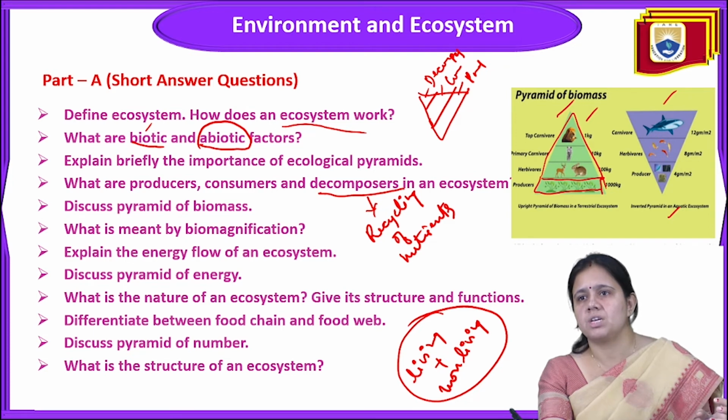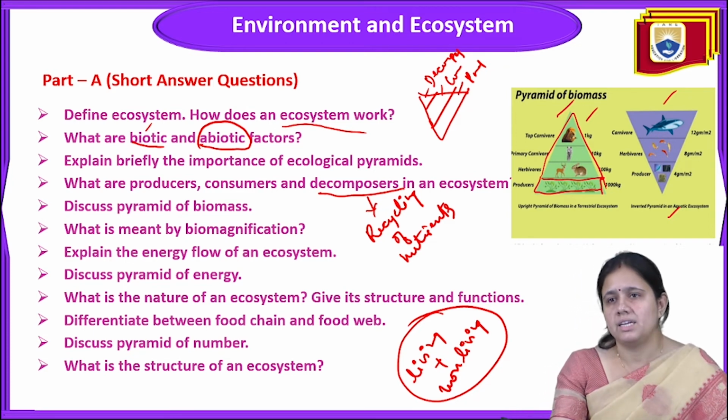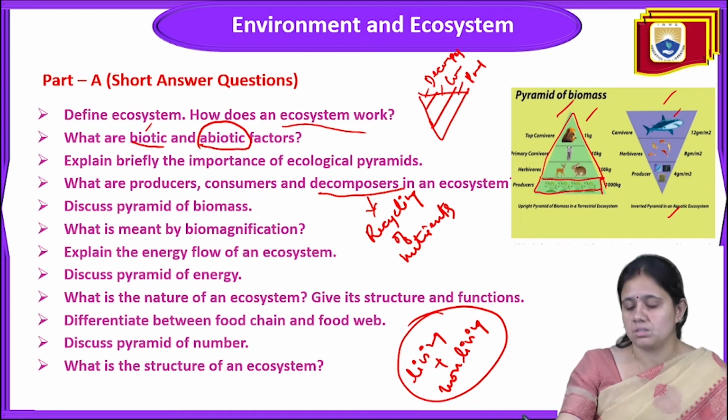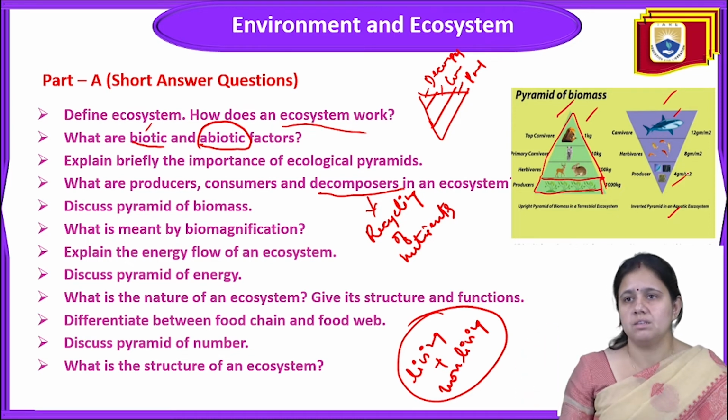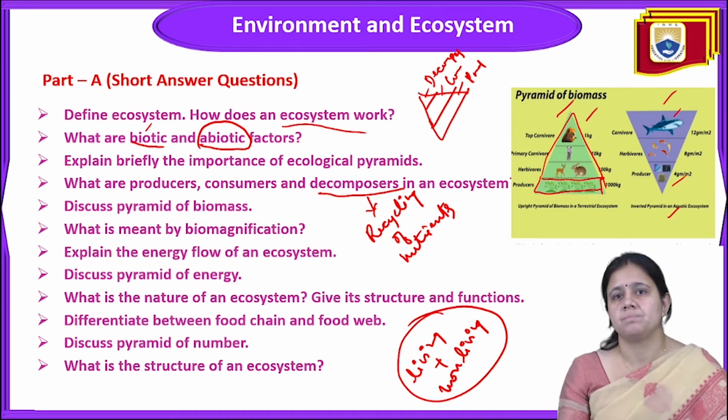Then herbivores are there, consuming them, some little fish. And carnivores, like the whale, have more biomass as compared to the producers. That's why the shape is inverted in nature.